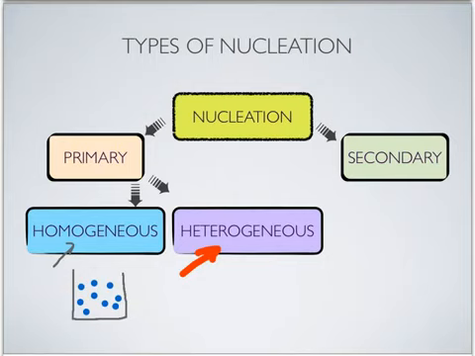Because in food processing, usually you will find dust or other foreign particles that can be present in the solution, and these provide nucleating sites for the nucleus to form, and subsequently induce nuclei formation at much lower supersaturation or subcooling than those required for homogeneous nucleation.